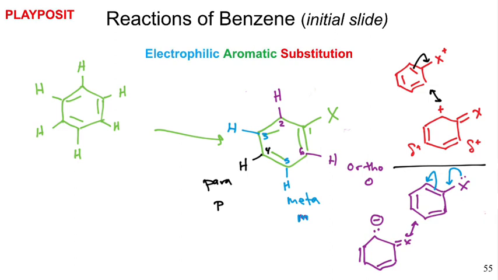If we continue to manipulate all of our resonance, we would note that we get formal negative charges at our other ortho and at the para. Where would I expect the substitution to happen now? At the negatives, which would be my para or ortho. So if atom X has electrons, I get substitution at the para or ortho positions. If atom X is missing electrons, I get substitution at the meta.